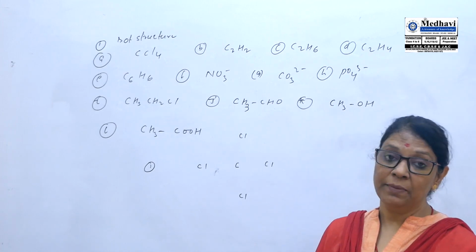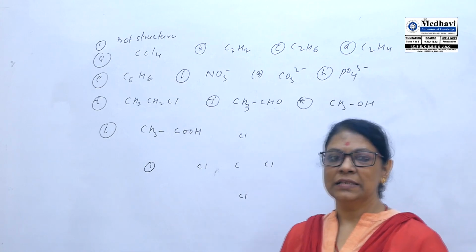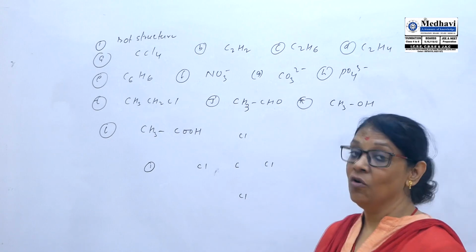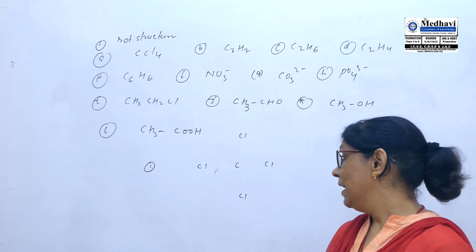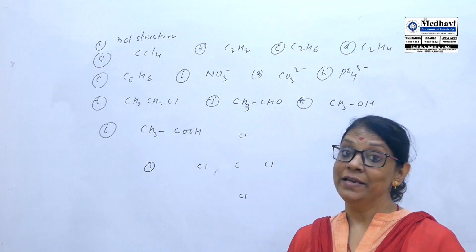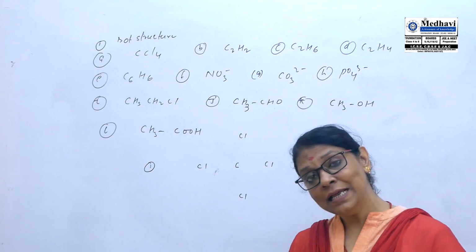For electrovalent compounds there is transfer of electrons, and there are limited such compounds that I explained in my previous video. So this is based on covalent and coordinate compounds, which need non-metals.